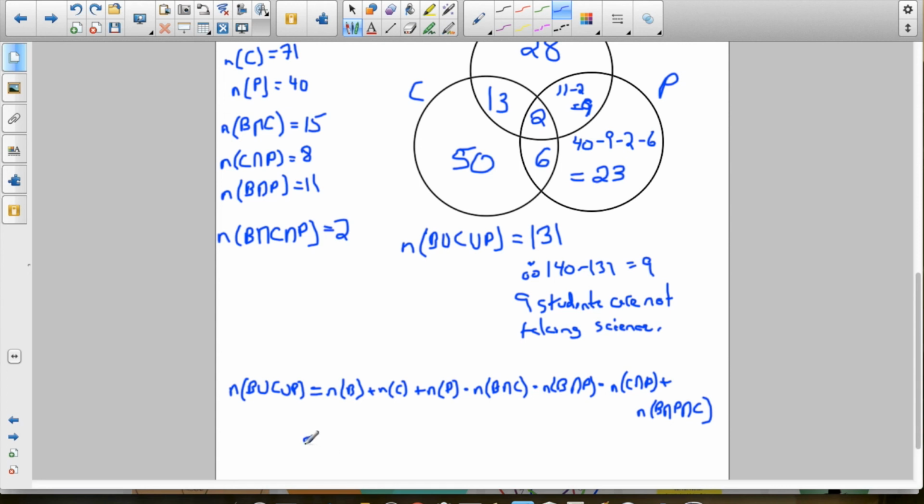So if we plug in these numbers just to double check, 52 plus 71 plus 40 minus 11 minus 8 minus 15, and then add in the 2, it works out to 131. So you get the same answer, and if I subtract that from the total number of students, I get 9. So it's just a different way of writing it.